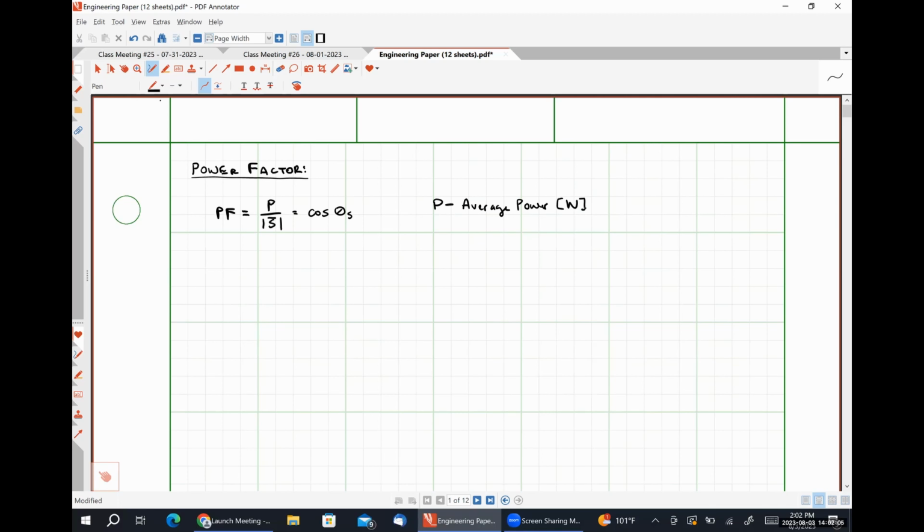S, or really the magnitude of S, our apparent power, measured in volt amperes, is what the electrical utility generates.